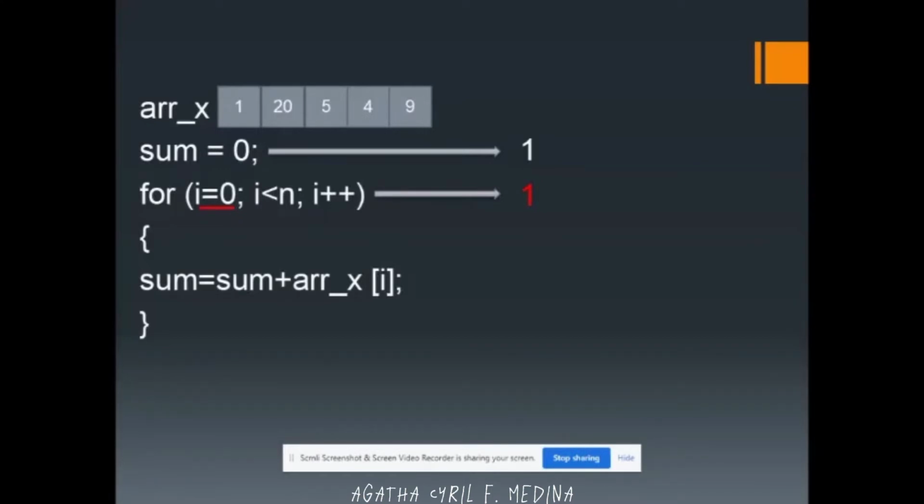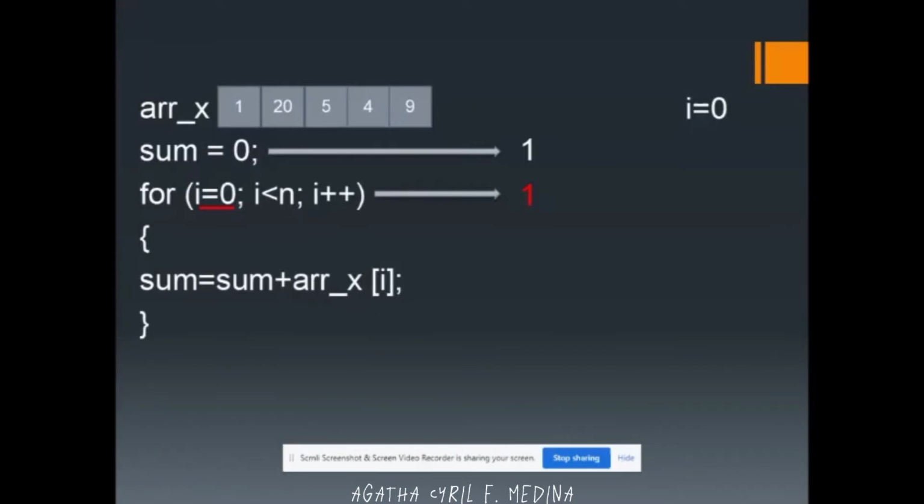So, magkakaroon tayo ng simulation dito. So, let's say na yung i na initialize siya ng 0. So, sa for loop po natin, tatanungin niya na agad kung yung condition is true para ma-execute niya yung mga nasa loob ng for loop. Kung true siya, i-execute niya yung sum is equals to sum plus arr[i].